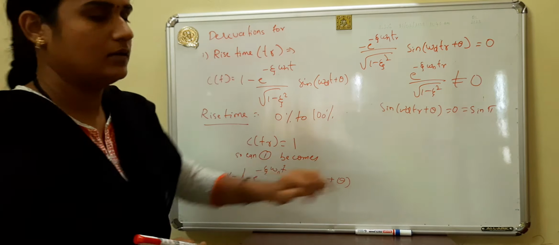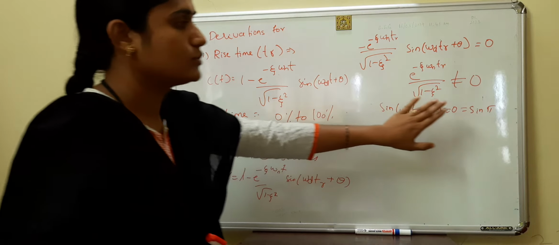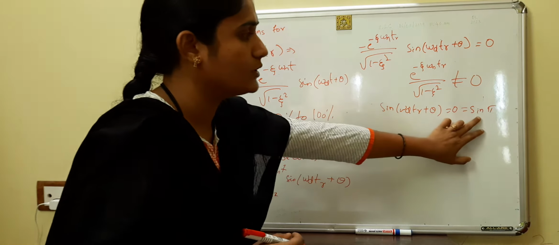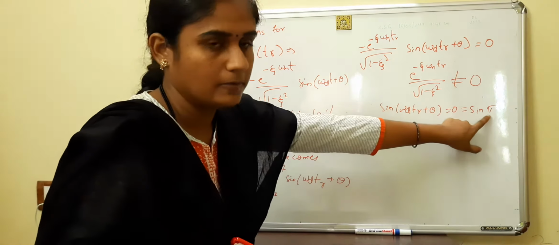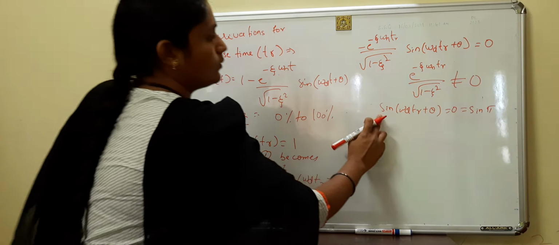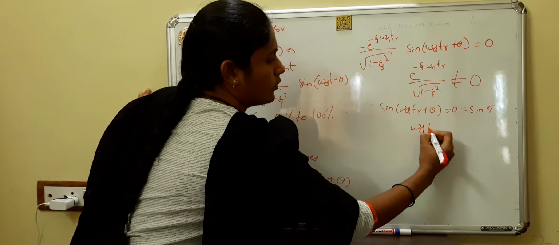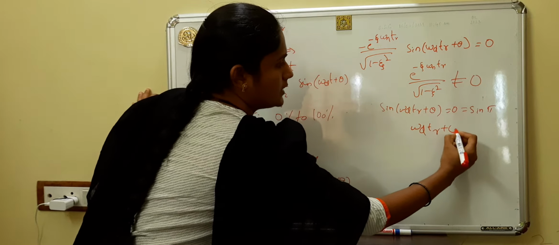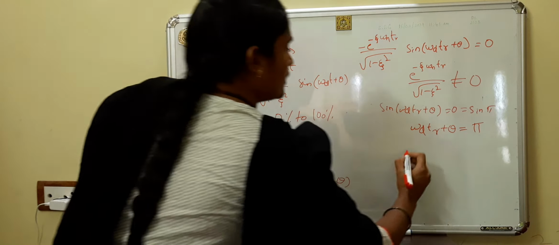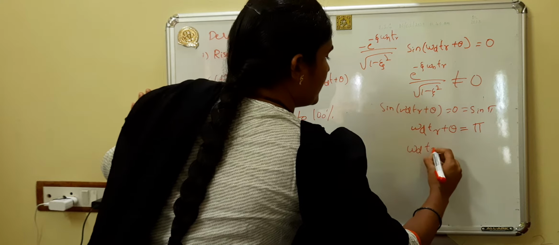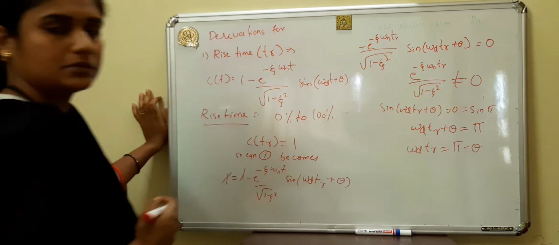What is the value of sine pi? It is 0. We take sine pi because the left hand side also has a sine value. So sine of omega d tr plus theta equals sine pi, and therefore omega d tr plus theta equals pi. Moving theta to the other side, omega d tr equals pi minus theta.